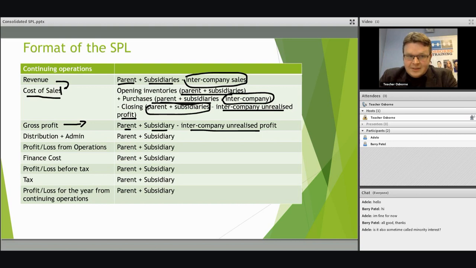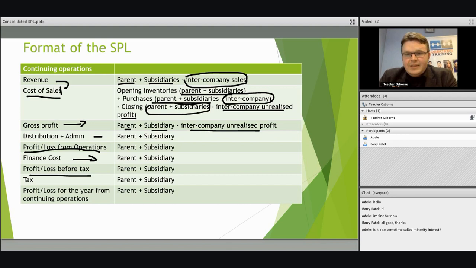So now we come to our expenses. So on the exam, we have the typical expenses, so distribution and admin, you simply add together. All right, and this gives us what is known as our profit or loss from operation. Right? And you can just add the parents and subsidiary together. Finance costs, once again, simply just add them together. And that gives us our profit and loss before tax.